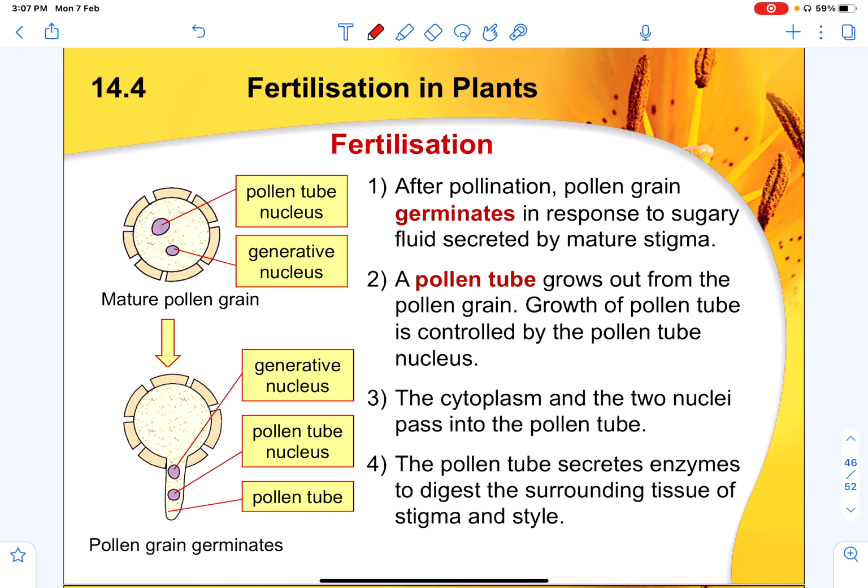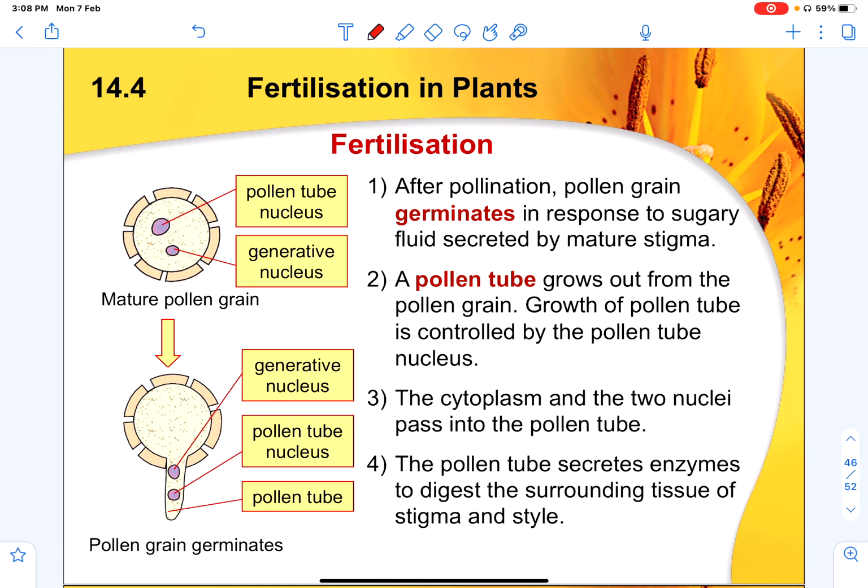So after pollination, the pollen grain will first germinate in response to the sugary fluid secreted by the mature stigma. This will cause the pollen grain to open up to release the generative nucleus as well as the pollen tube nucleus. The pollen tube will grow out from the pollen grain, and this growth is mainly controlled by the pollen tube nucleus.